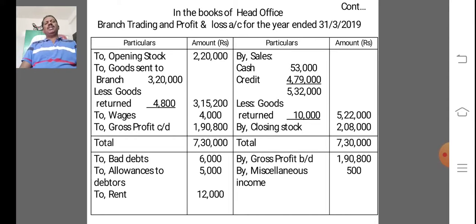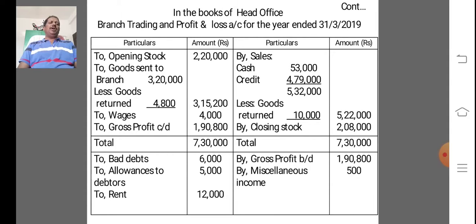The difference on the debit side is 1,90,800, the gross profit balancing figure. That gross profit is to be brought down to the P&L account.